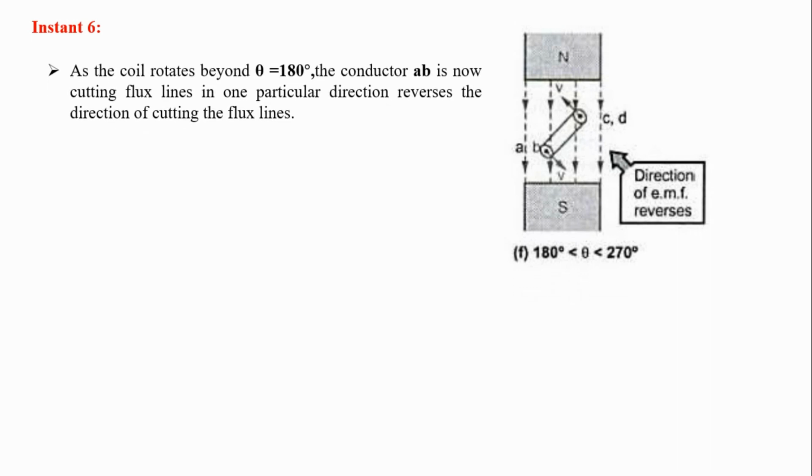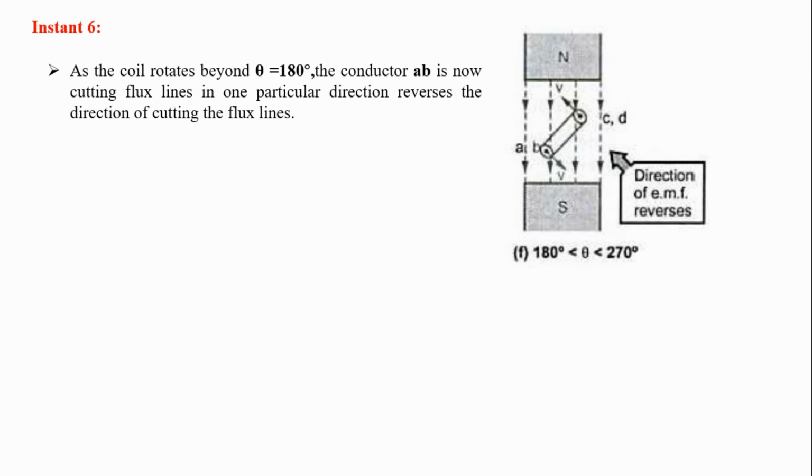If we rotate the coil further, that is beyond theta is equal to 180 degree, the conductor AB is now cutting the flux lines in one particular direction, reverses the direction of cutting of the flux lines. That is, in 0 degree to 180 degree, the coil side AB is under north pole influence and coil side CD is under south pole influence.